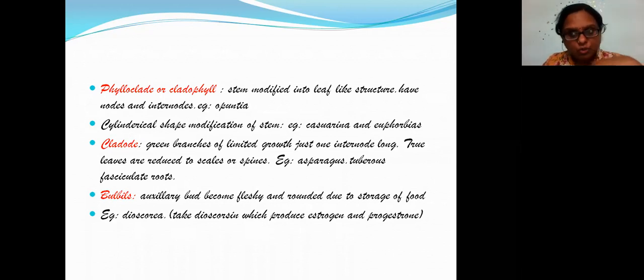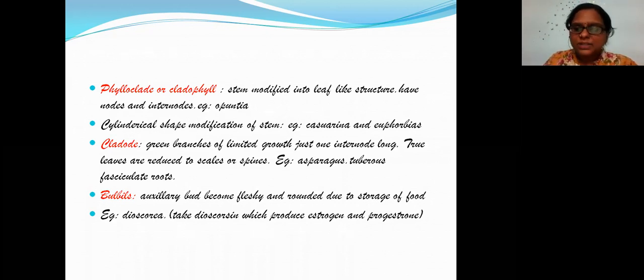Only when you consume it, it will produce estrogen and progesterone in our body. So many pregnancy-related ailments, or the normal female-hormone-related ailments, they used to correct using this plant in Ayurveda, Siddha and all. So it's a very important MCQ, students.